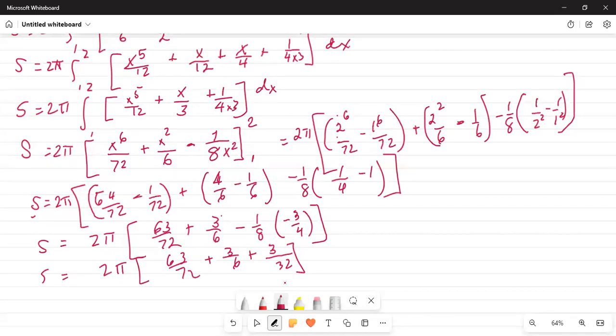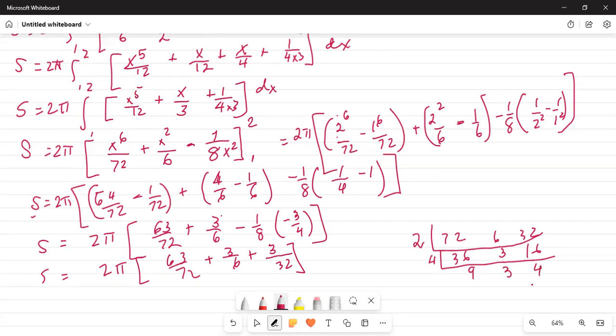If we work out the lowest common multiple of 72, 6, and 32, we first divide by 2: 36, 3, and 16. Then we divide by 4: 9, 3, and 4.